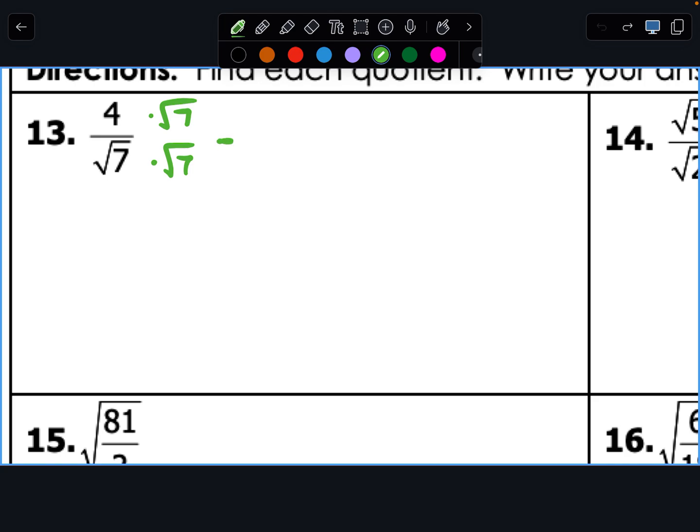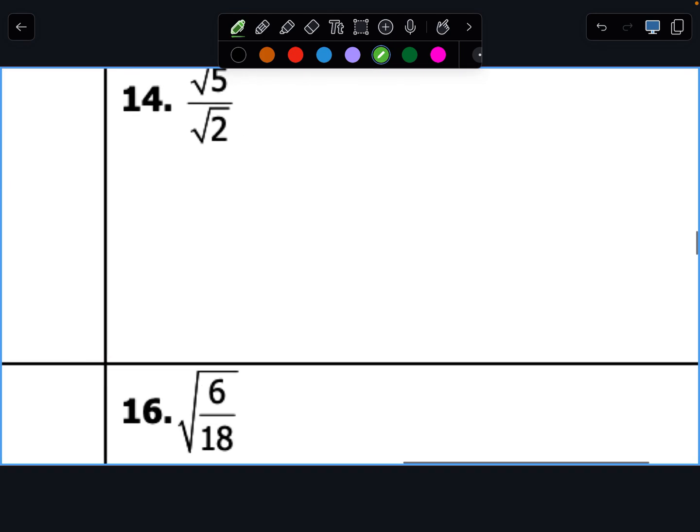Do you guys remember yesterday, what did I say happens if you multiply a radical or square root times another square root that has the same thing underneath? Cancels out the radical sign, right? So on top, I have 4 root 7 now. What do I have on bottom? Just 7, because it's the square root of 49, which is just 7. So then I would check to see if I can simplify my coefficients. I cannot here. Now this fraction is fully simplified. So there's no radical on the bottom. We're good to go.